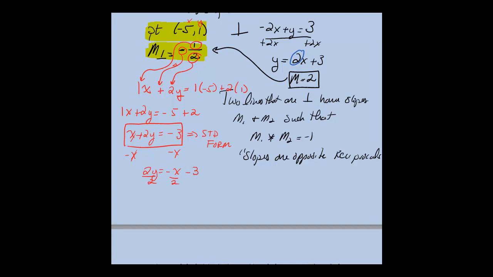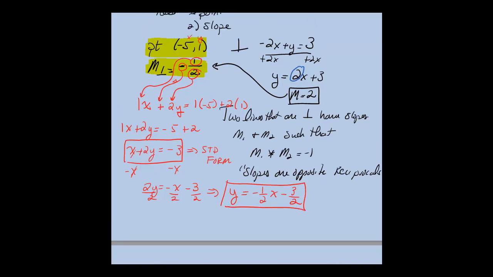Dividing both sides by 2 all around, we're going to have y equals negative 1/2 x minus 3/2. So notice here, this will be our equation in slope-intercept form. So here we have standard form, and this is slope-intercept form.